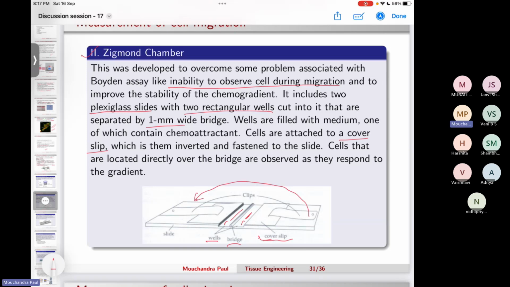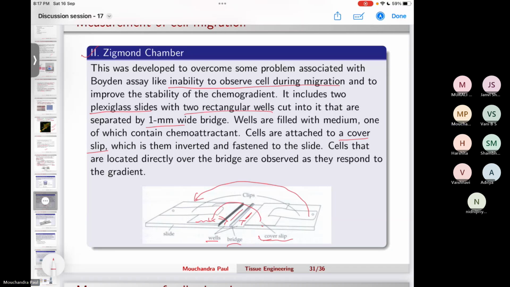The cells are then present on the top. In the presence of media or chemoattractant, you can observe in which direction the cell is moving. Since it's a glass slide, it is transparent, so you can observe it under a microscope.